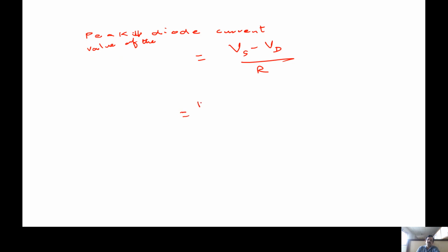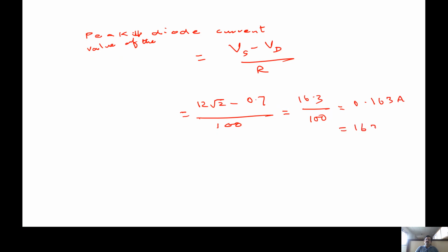That is equivalent to 12 root 2 minus 0.7 by 100 ohm. 12 root 2 is almost 17, and 17 minus 0.7 is 16.3, divided by 100. So you get 0.163 ampere, or simply 163 milliamperes. So think about this current, you are talking in terms of milliamperes.